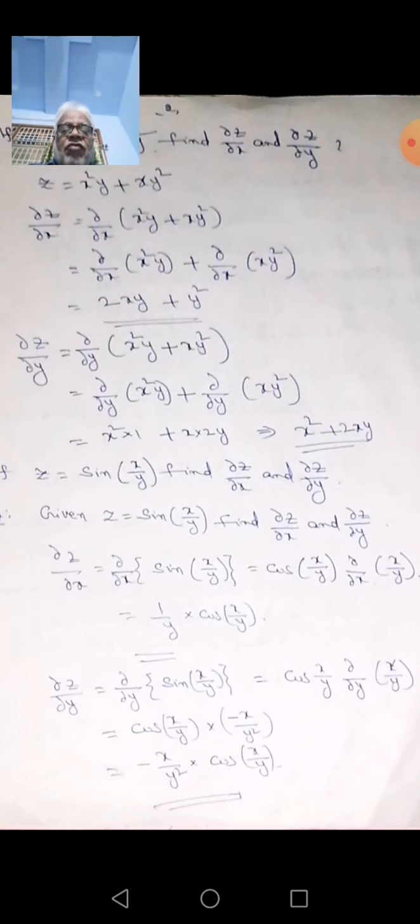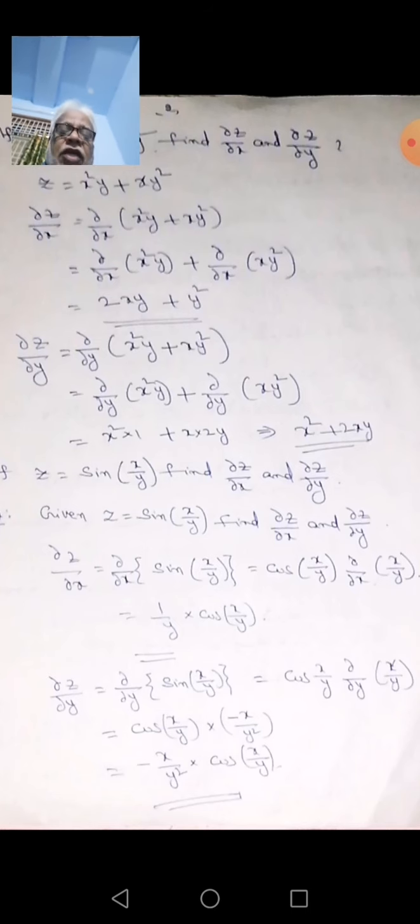So dou by dou y of x by y is minus x by y square, because x is constant, and the derivative of 1 by y is nothing but minus 1 by y square. So cos of x by y into minus x by y square is the derivative with respect to y. So dou z by dou y is minus x by y square into cos of x by y.